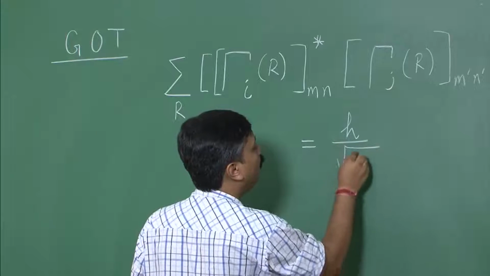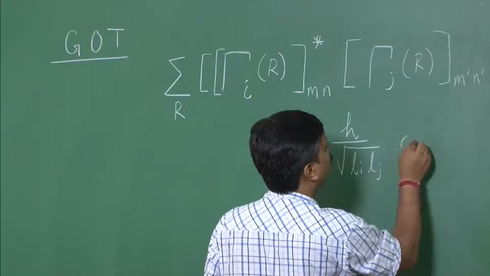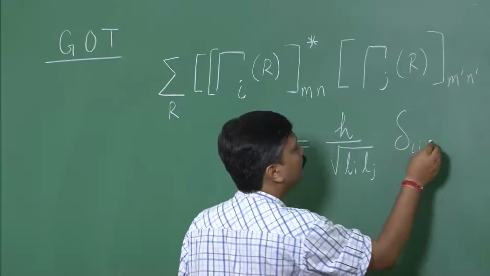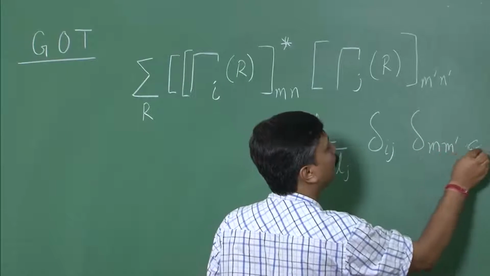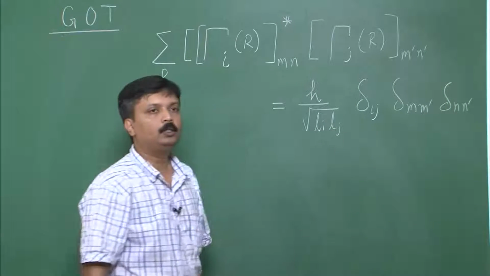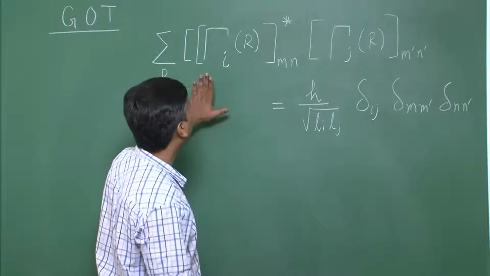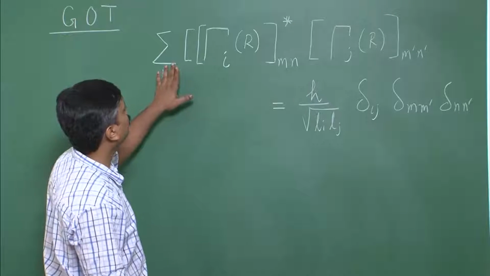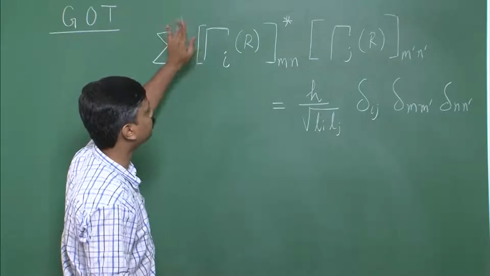I will explain all these terms. So this is the mathematical representation of the great orthogonality theorem. This is an extra bracket, we don't need this one.